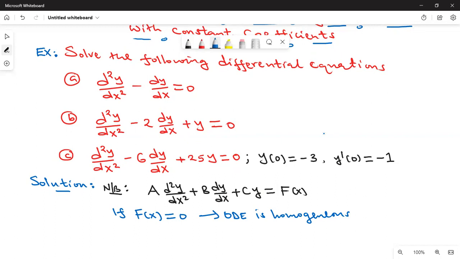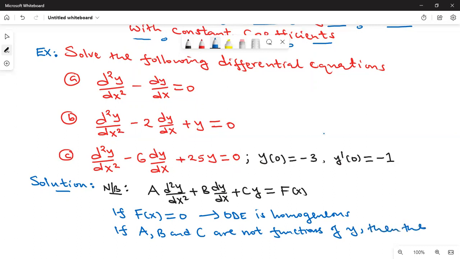Another one: if a, b, and c are not functions of y, then the ODE is linear.